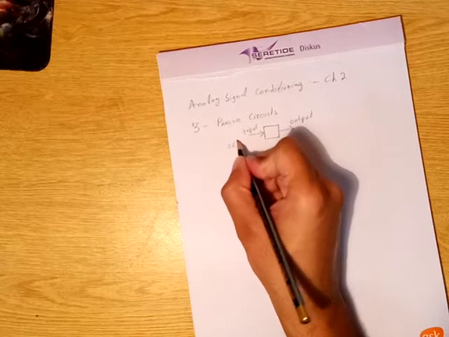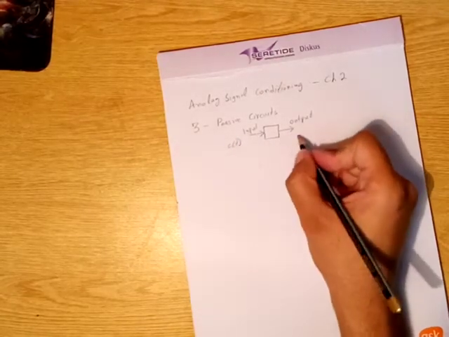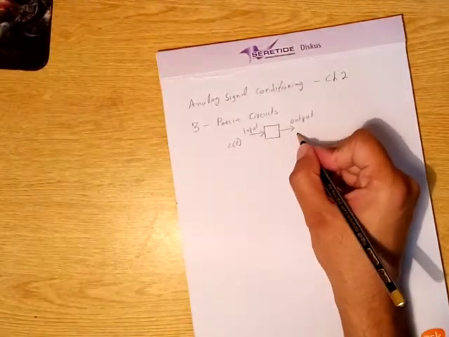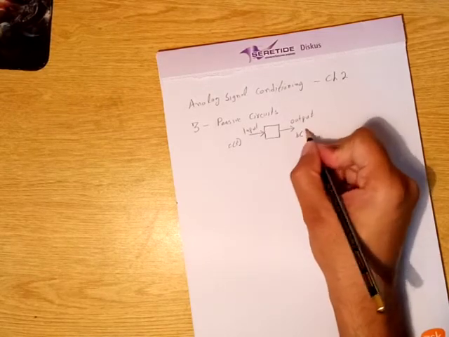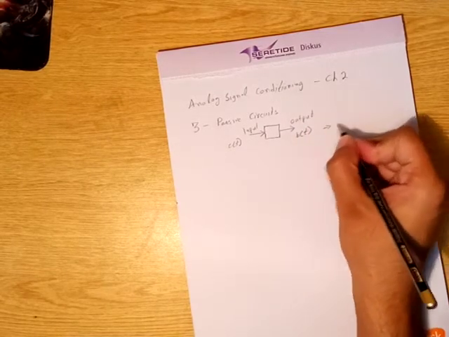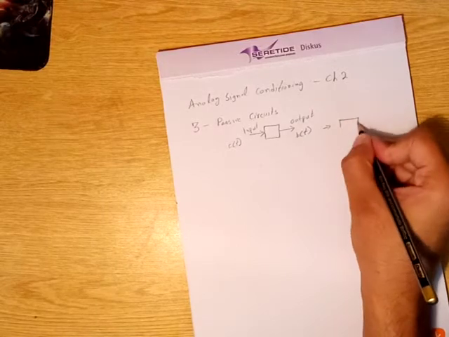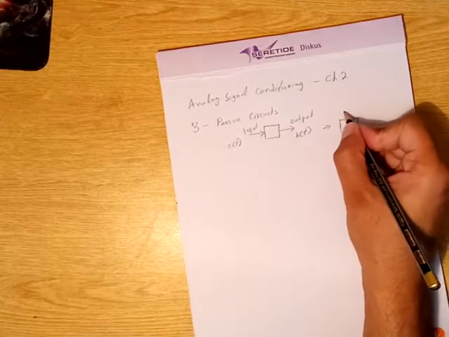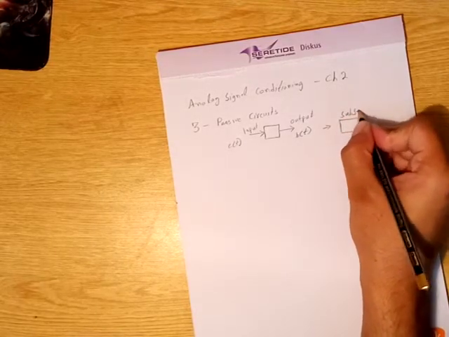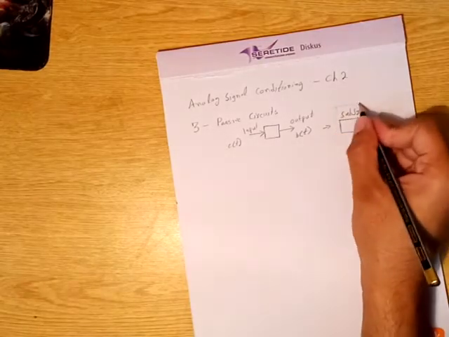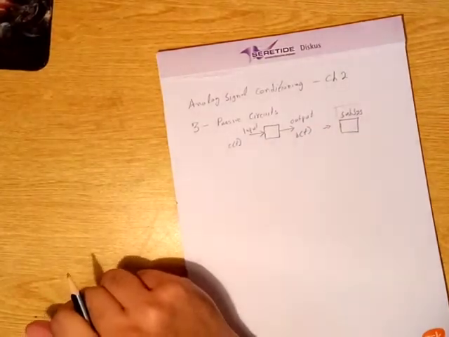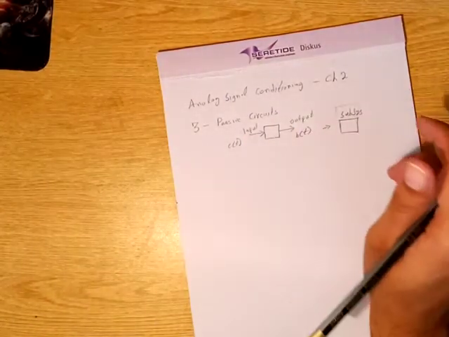This is C of t and you get something that is B of t, and this B of t is interfaceable with your subsystem. This is analog signal conditioning. It should be in the same domain.